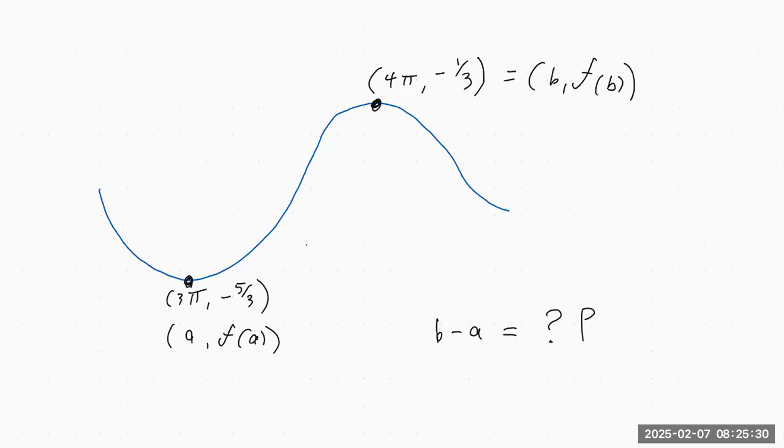So what I'm going to do first is extend this graph a little bit. Something like this, best of my artistic abilities. All right, and I'm going to mark the next trough point. Actually, this is not a good drawing. So let's see if I can spruce this up a little.